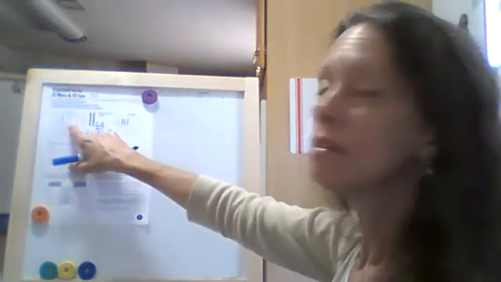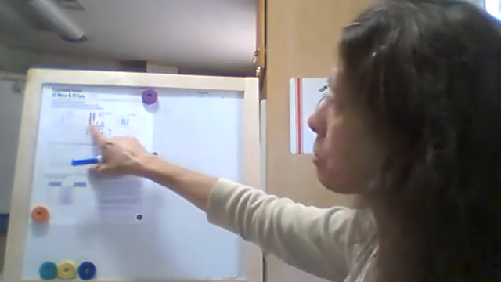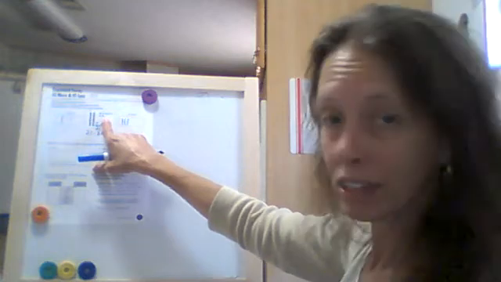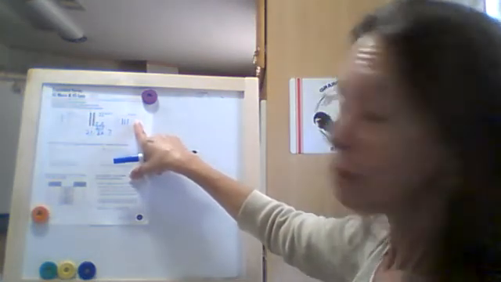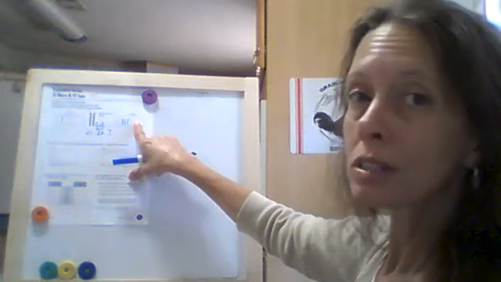Now, how many spots do I have here? 7. How many spots do I have here? 7. How many spots am I going to have over here? 7. Because I'm not changing the spots. I'm only changing the sticks today. So let's do 7. 1, 2, 3, 4, 5, 6, 7. Okay?